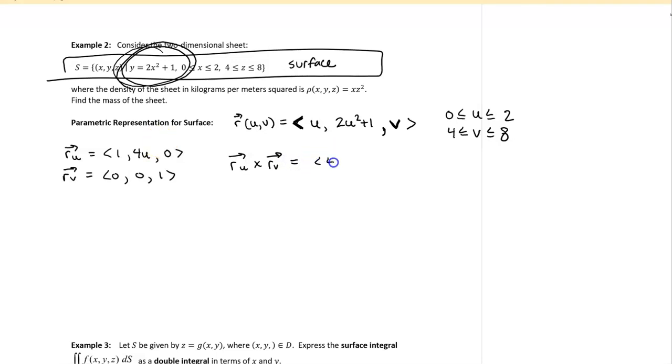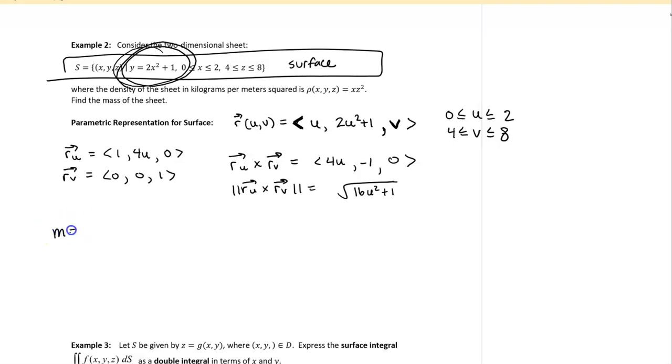I believe that's going to give us 4u, and then we need to do 0 minus 1, so that would be -1, if I am not mistaken. And then finally, with our last one, 0 minus 0, so we get 0. We will need the magnitude of our cross product, which is going to be the square root of 16u squared plus 1.